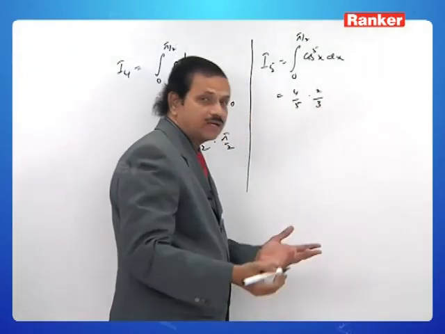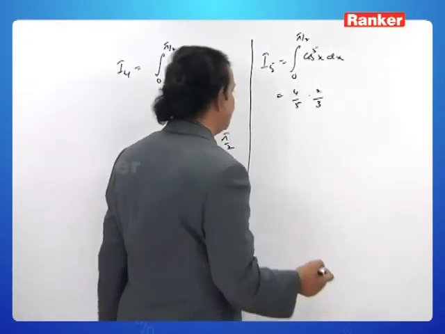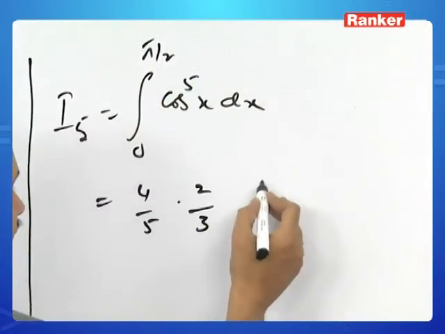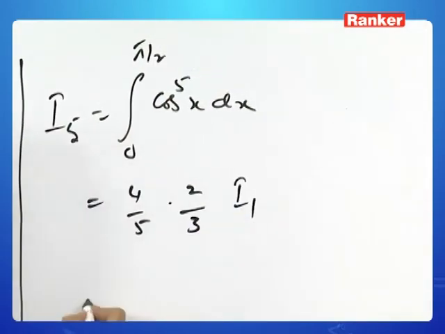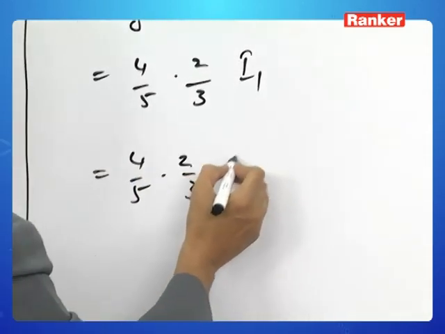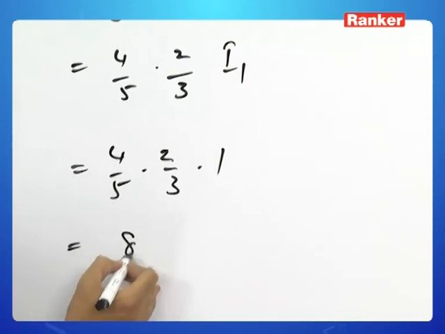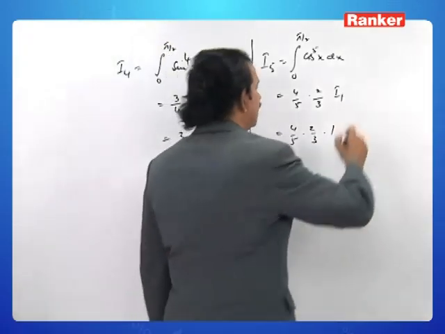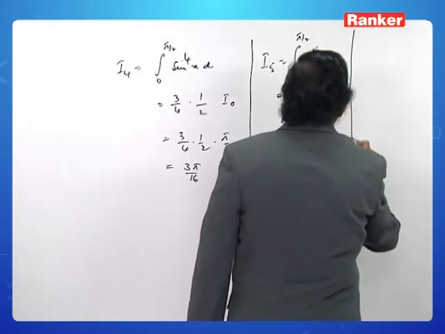Can you still decrease? No, you cannot, because 2 minus 2 becomes 0. You stop there. As n is odd, we put I1, which is 1. Hence, it is 8 by 15.